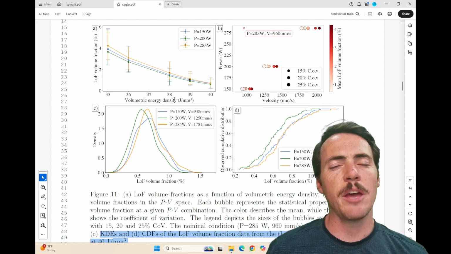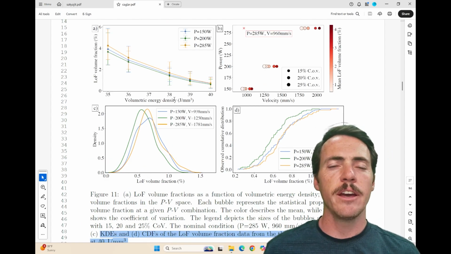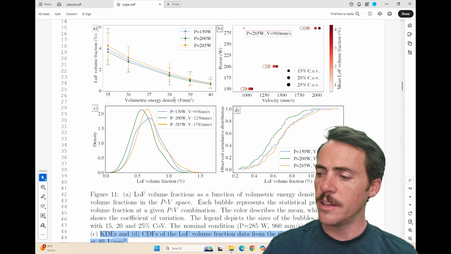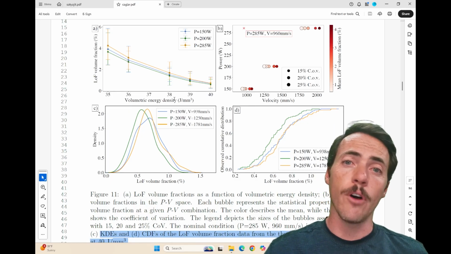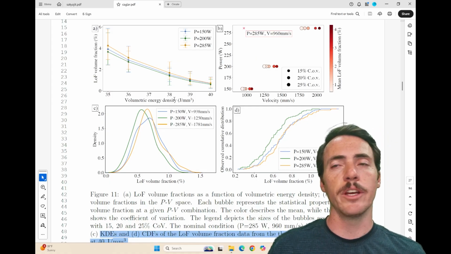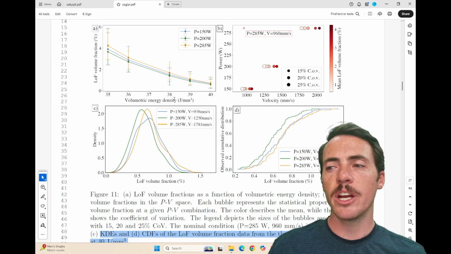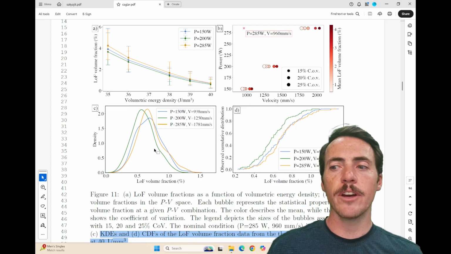So ultimately, they're able to generate these types of analyses of predicting lack of fusion defects. And they're able to predict and observe a decrease in the coefficient of variation for the volume fraction of these defects as you begin to approach the nominally fully dense region. But they can also generate these sort of cumulative distributions, as you see here, of defect morphology.